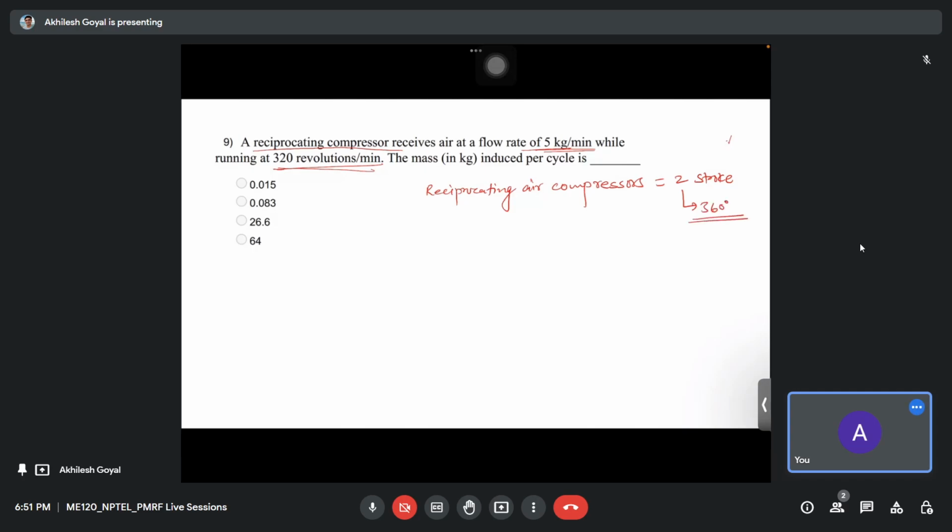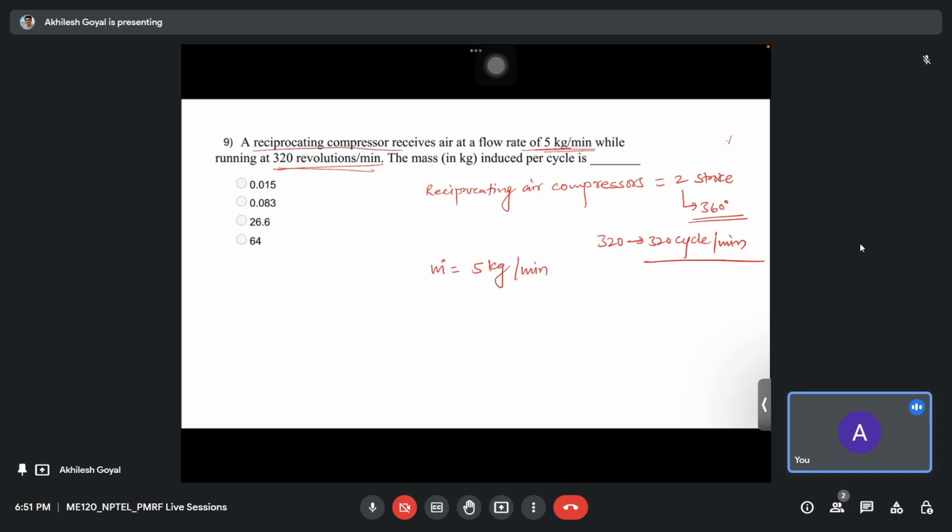That means every cycle happens in one revolution of the shaft. So 320 revolutions means 320 cycles per minute, and the mass flow rate m dot is also 5 kg per minute.